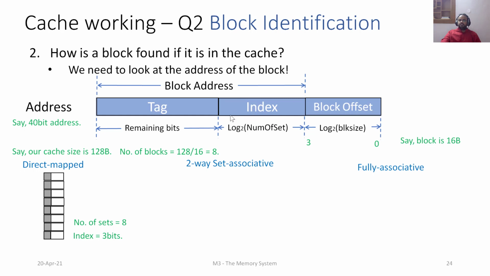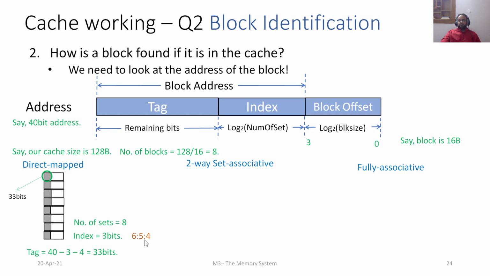So the index bits would be 3, and the tag bits would be 40 minus the number of index bits, which is 3, minus the number of block offset bits. So 33 bits would be tag, 3 bits are for index, and 4 bits are for block offset. It means that in each of these darker squares of the block, we are storing 33 bits.